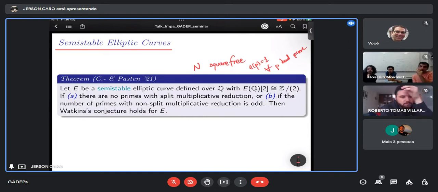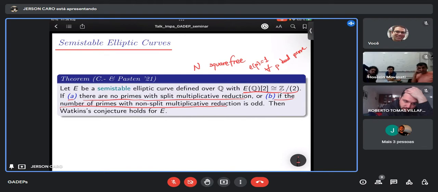Okay, what we prove is the following. We start with an elliptic curve that is semi-stable and has this rational two torsion, Z mod 2Z. And if one of these two conditions is satisfied, then Watkins conjecture holds for E. And what are these conditions?